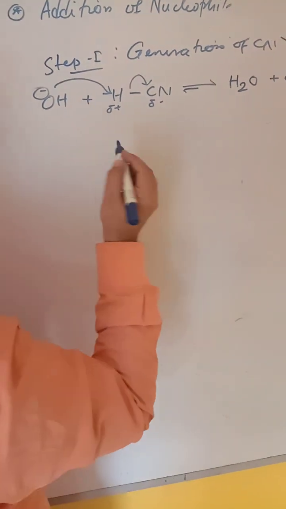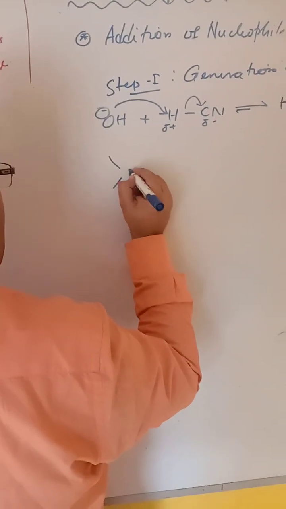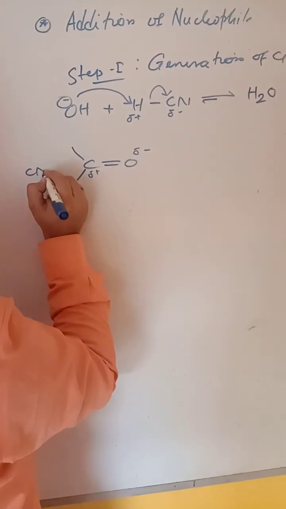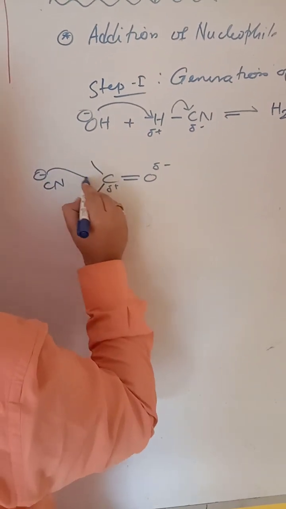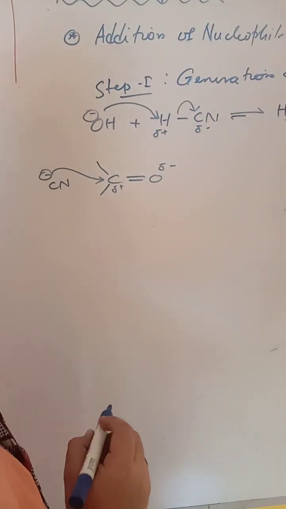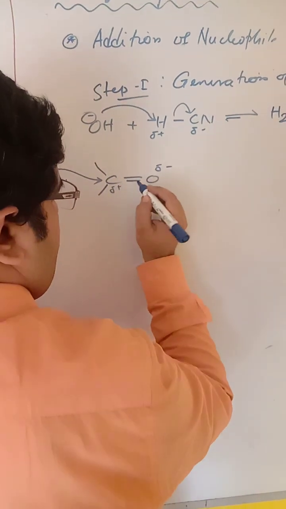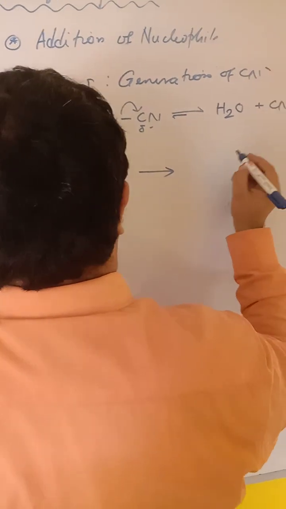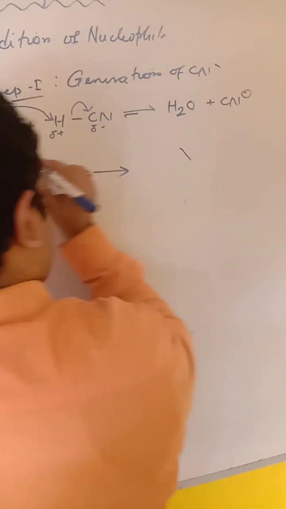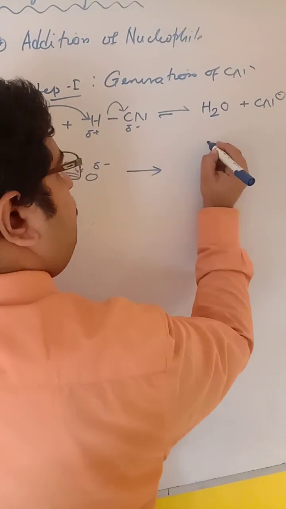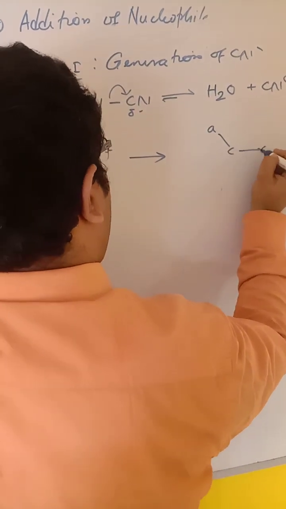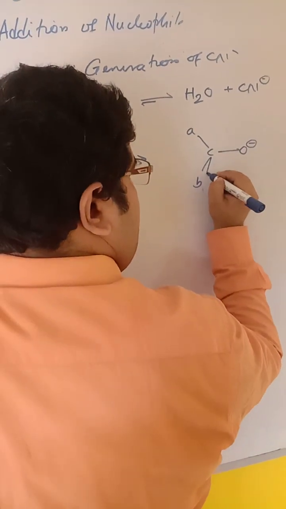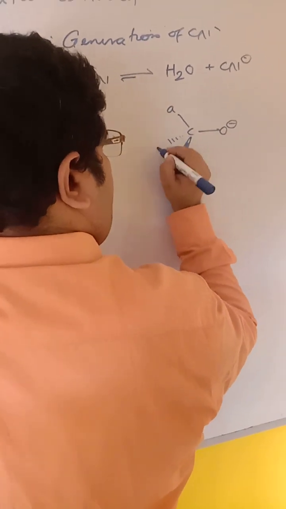So how does this react with the carbonyl group? Suppose this is the carbonyl group you are possessing, delta negative, delta positive, and you have this CN minus. So it comes and attacks the carbon of the carbonyl group. This bond rips off accordingly, and here you get a typical structure. Suppose two groups are there, A and B. So A, now carbon, oxygen negative, here you have B. So this is above the plane because it is tetrahedral, nucleophile here.